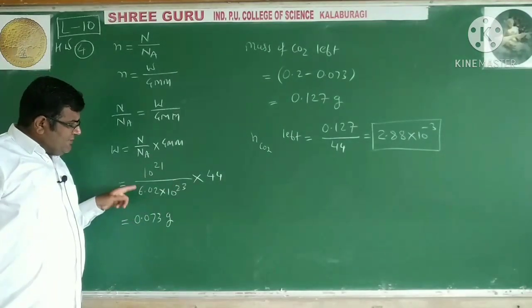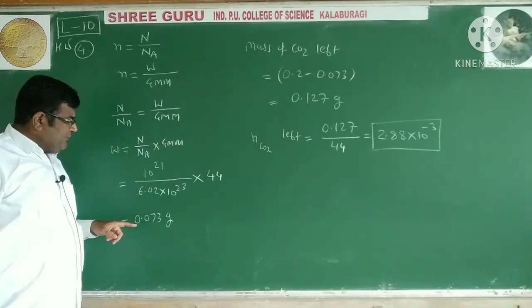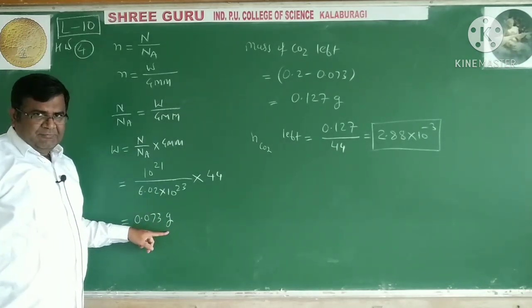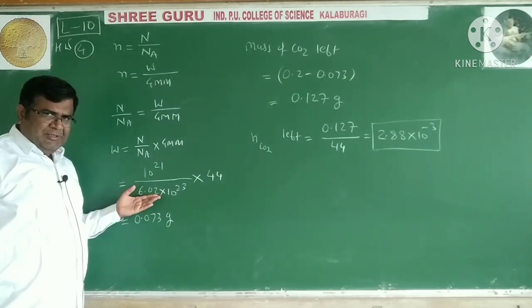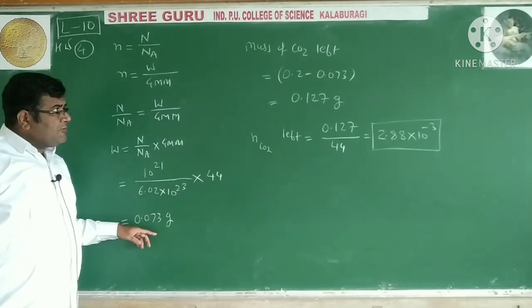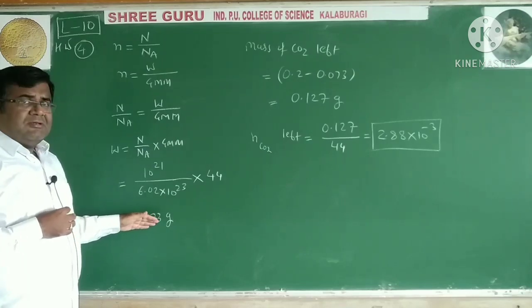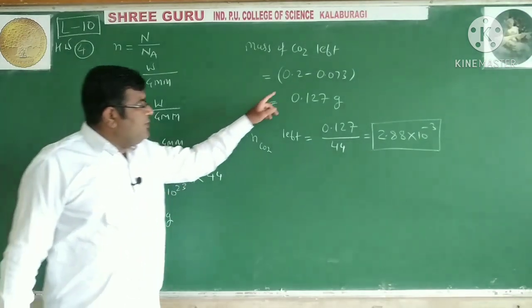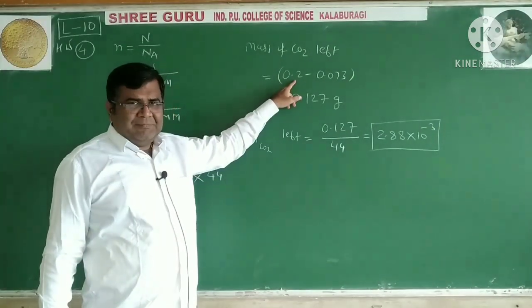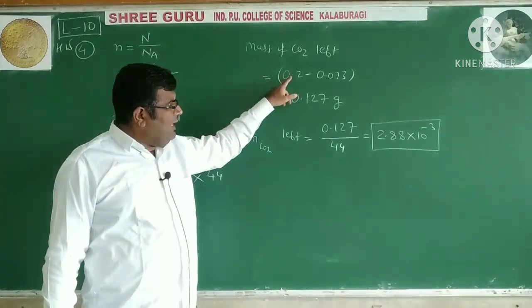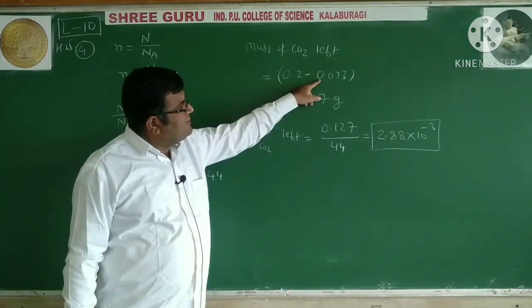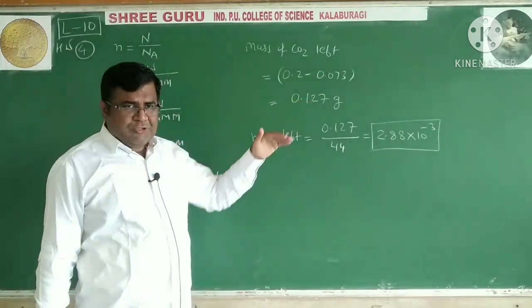If we simplify these numbers, what we get is 0.073 gram. You can use a simple calculator and you will get this number. So this is the mass of carbon dioxide removed out. Initially we started with 200 milligram. We converted that to gram, 0.2 gram, and from that 0.073 is removed out.